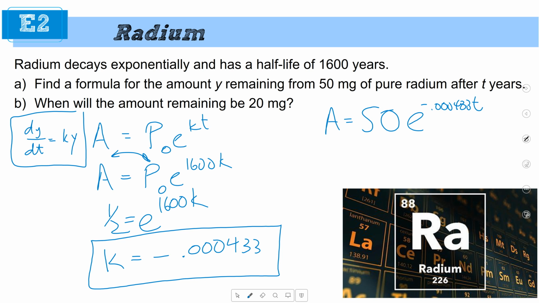Okay. Part B, when will the amount remaining be 20 milligrams? How long does it take for 50 milligrams at this decay rate to end up as 20 milligrams? Go ahead and solve that, please. By the way, will it be more or less than 1600?